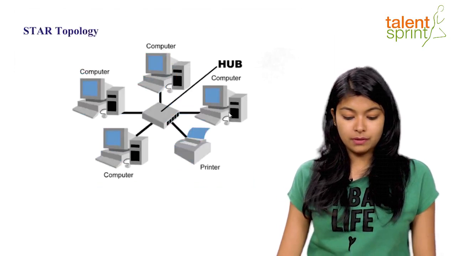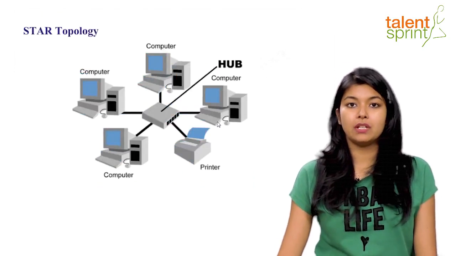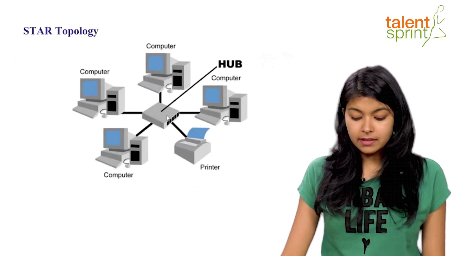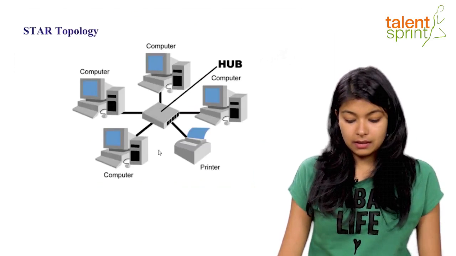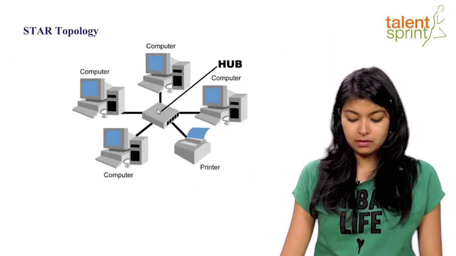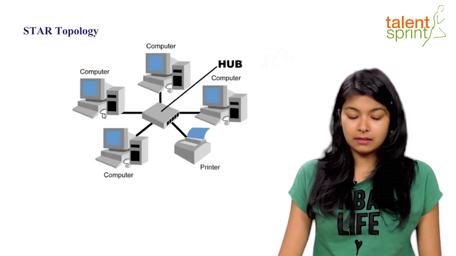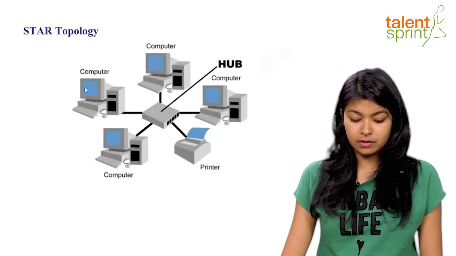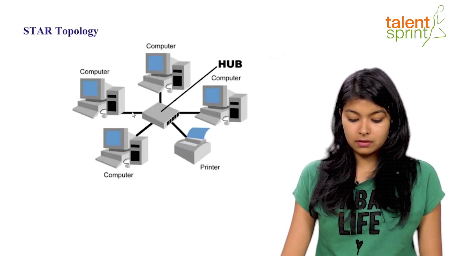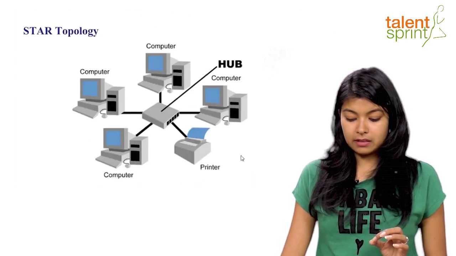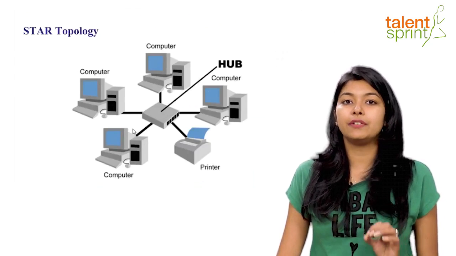Now moving on to the next one, star topology. In star topology, as the name gives you a pictorial diagram, the center hub, the center system, connects to all the computers. As you see, the center hub computer is connected to different computers. Here again, at any point of time, if any cable breaks, let's say the connection from this computer to the center hub breaks, even then the rest of the network will function perfectly fine.